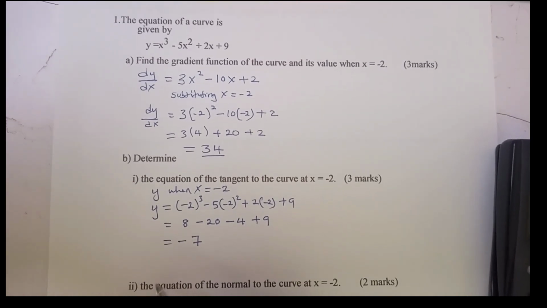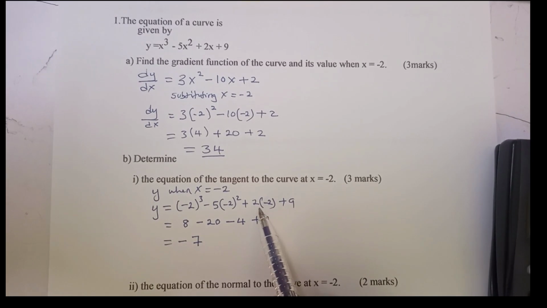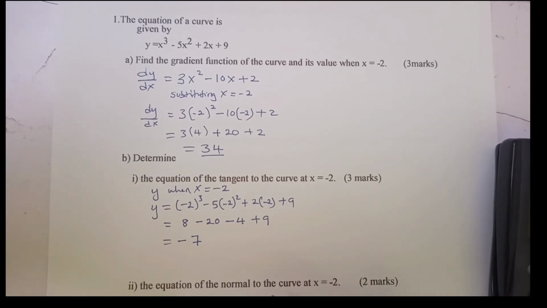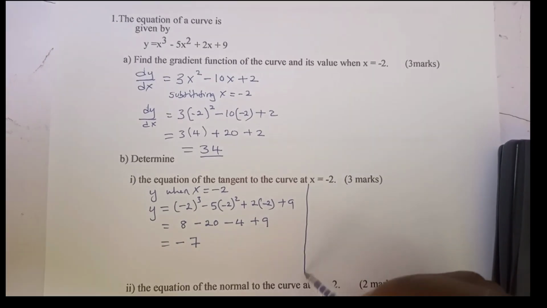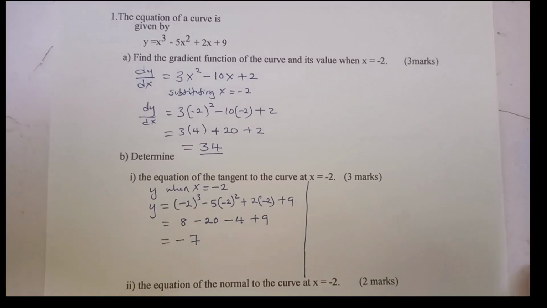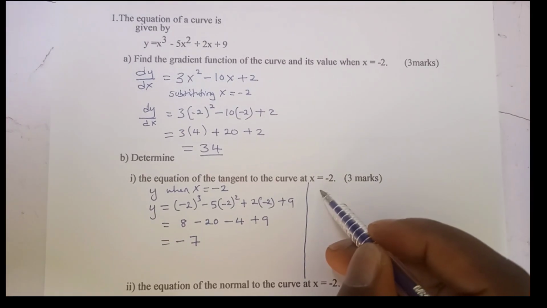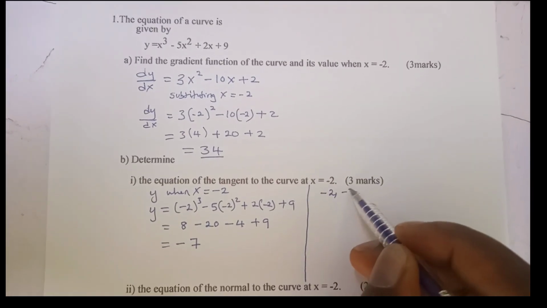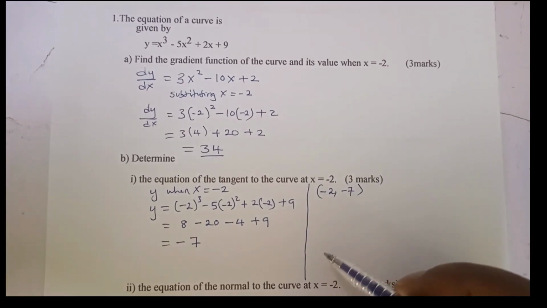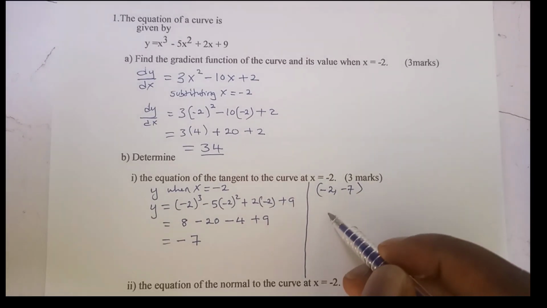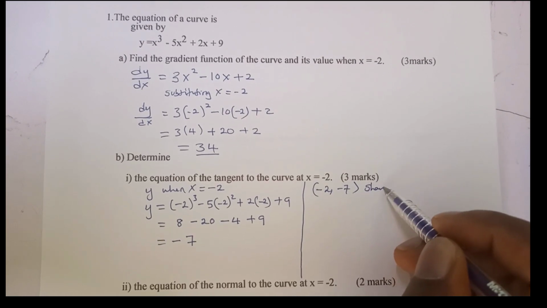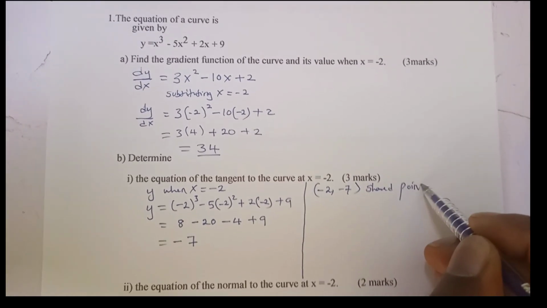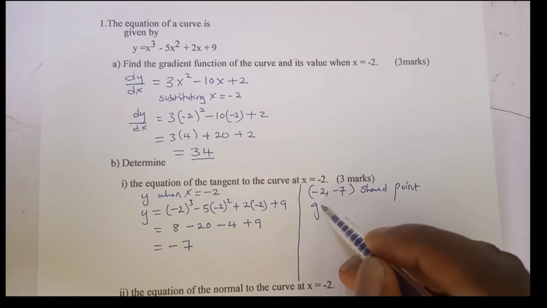And the tangent and the curve share a common gradient, because the tangent is a line which just touches the curve at a point. They share the point minus 2, minus 7. So therefore we are going to use the gradient we got earlier, that is 34.